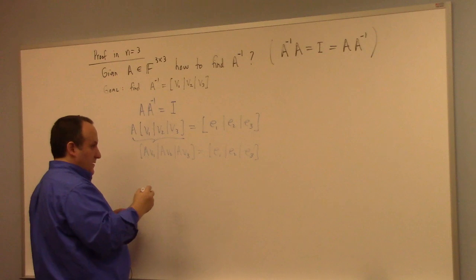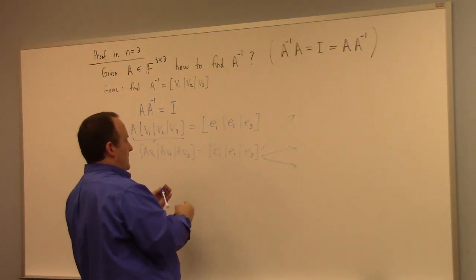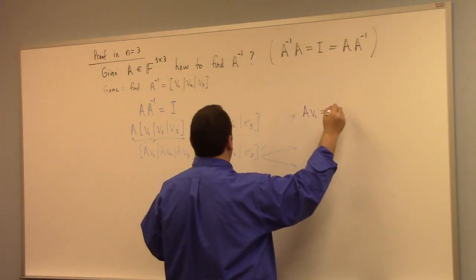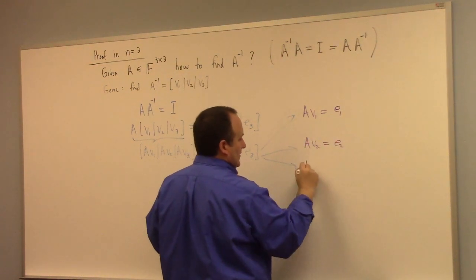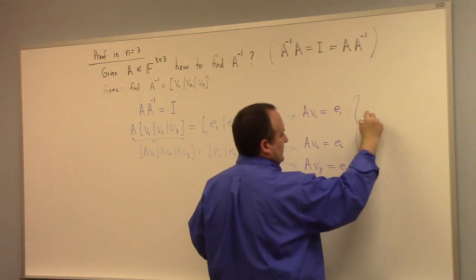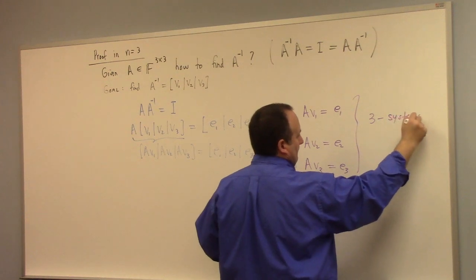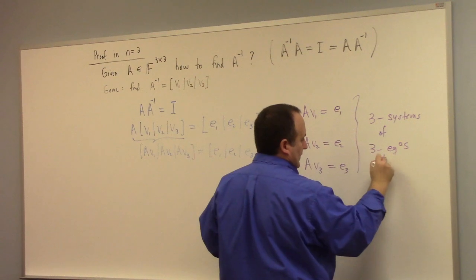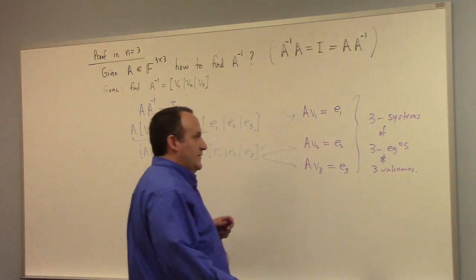So we have the equations AV1 equals E1, AV2 equals E2, AV3 equals E3. We have these 3 systems of 3 equations and 3 unknowns.